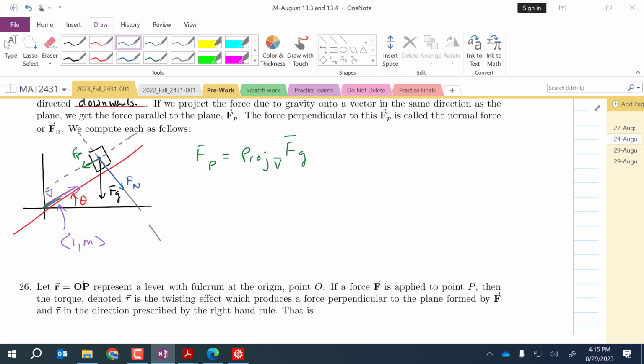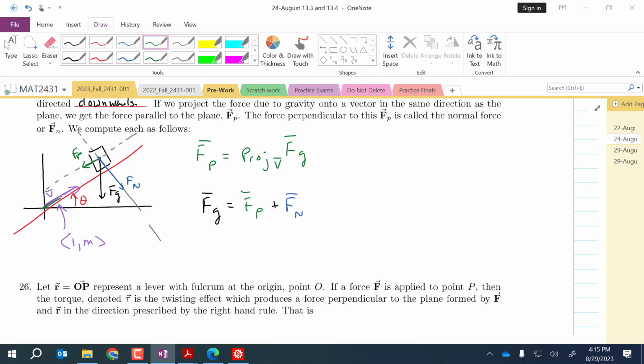Because under this new coordinate system, the force due to gravity has to be equal to our force parallel plus our force normal. What we already have is two of the three vectors that we want, and we just solve for the other one with vector subtraction.